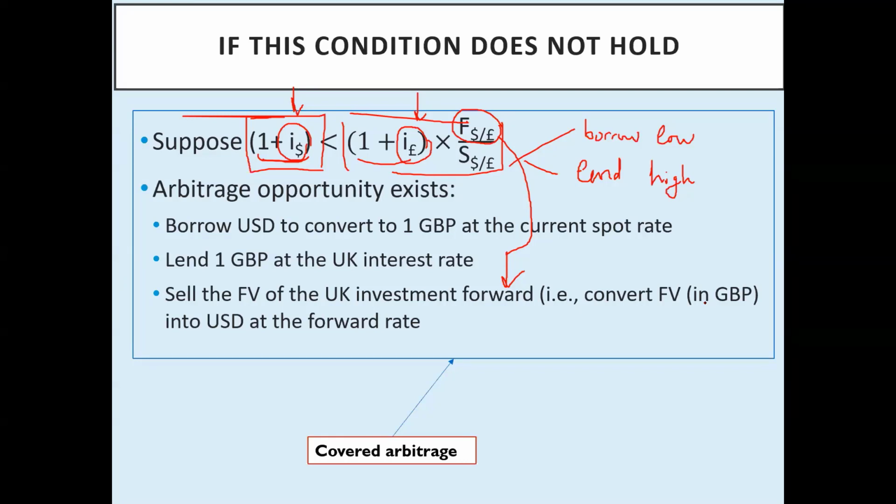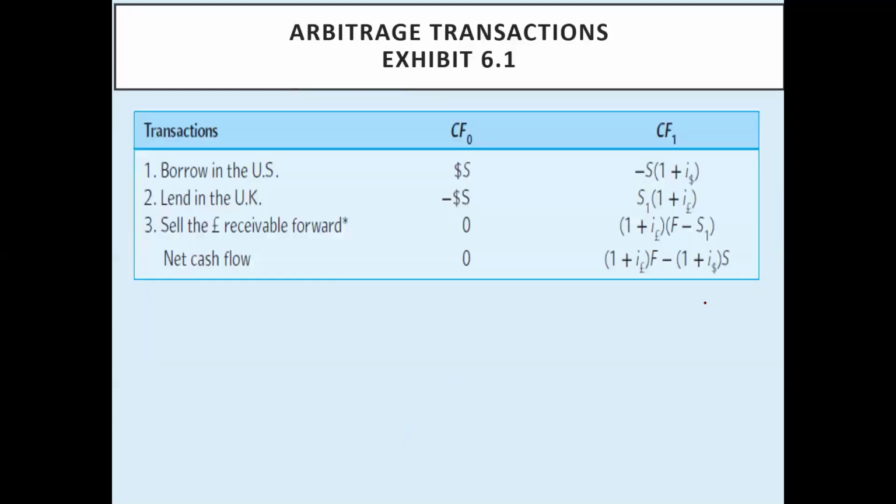So that all the numbers that we talk about here are known as of today, okay? So to conduct this arbitrage strategy, these are the transactions that we need to do. And this is summarized on the slide here, okay?